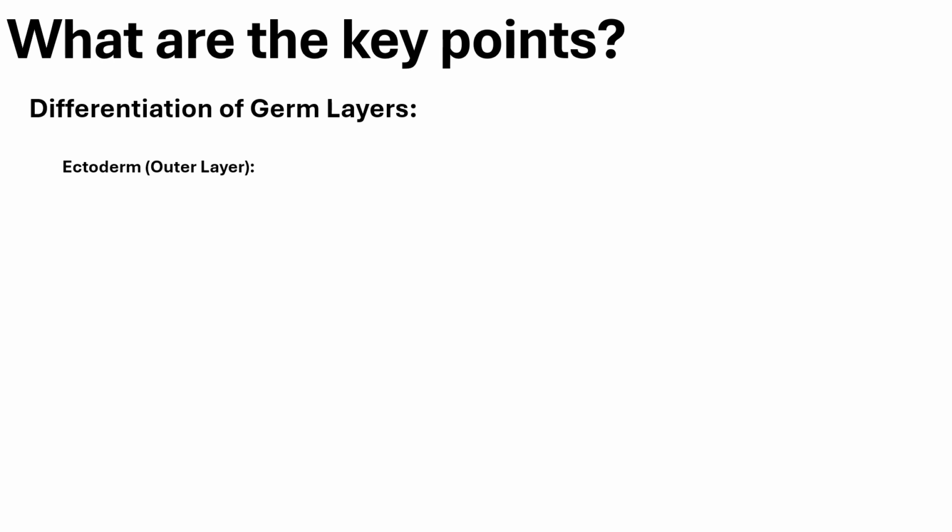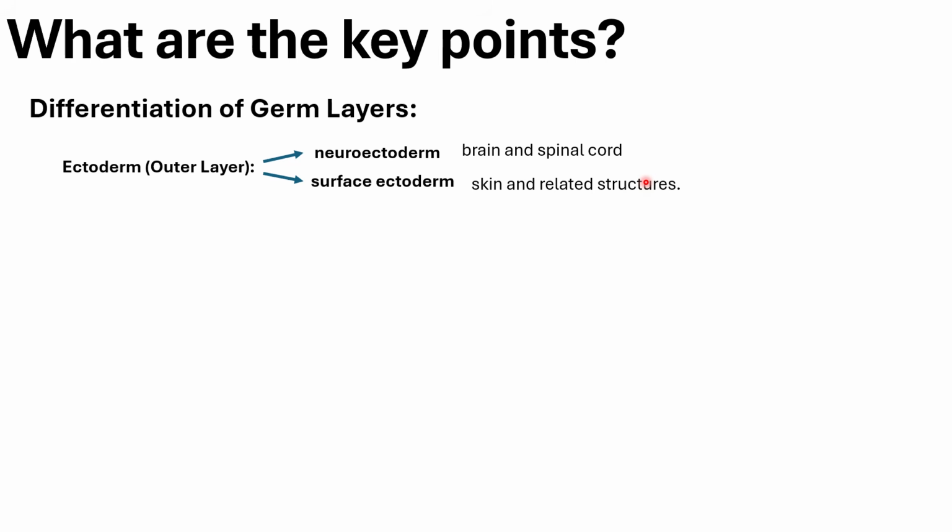These germ layers, we have the ectoderm, which will eventually differentiate into your neuroectoderm, which will become your brain and spinal cord. Then we have your surface ectoderm, which will eventually become your skin and related structures.